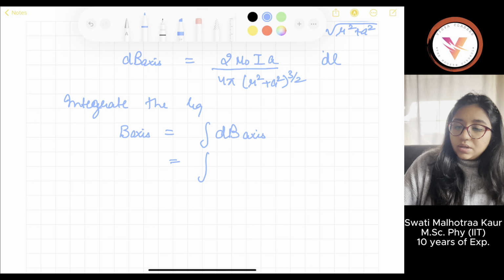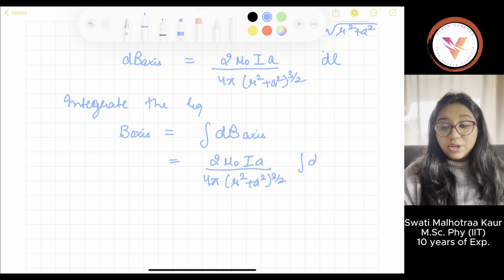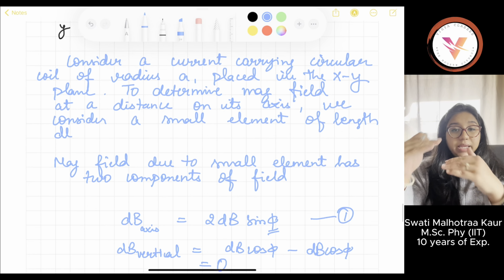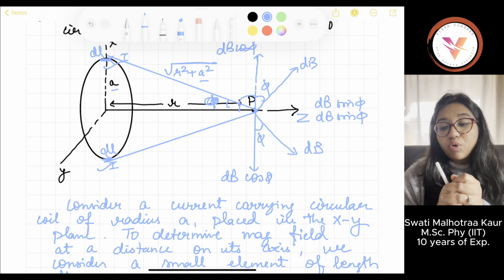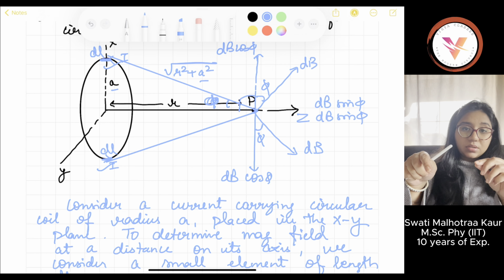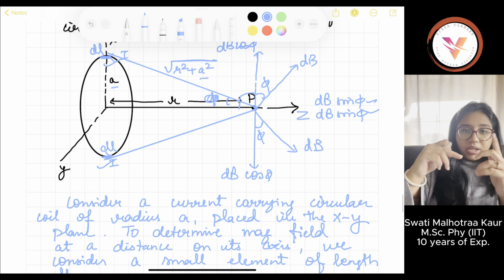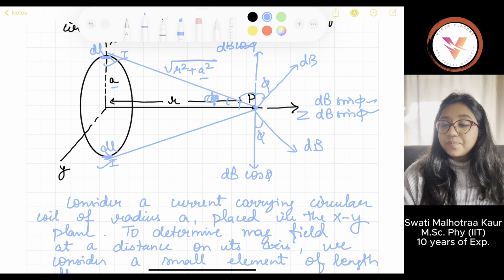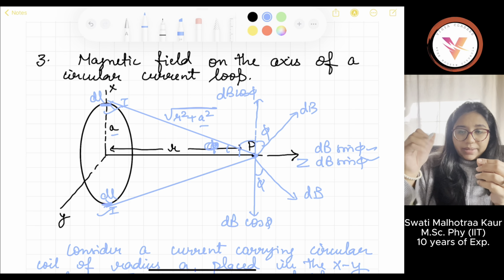So I can put everything out because everything is constant. And if you integrate dl, then you have to remember that you have already taken dl on both ends. Okay, so if you want to integrate it, you have to integrate on a semicircle, because this is due to both the dls you have taken on the circular ring and circular loop, and if you integrate again over the whole, it would be 2 times.